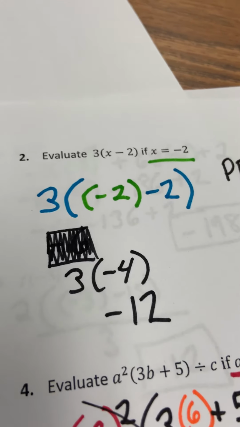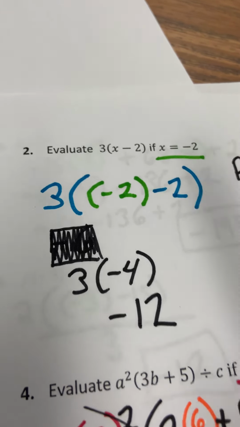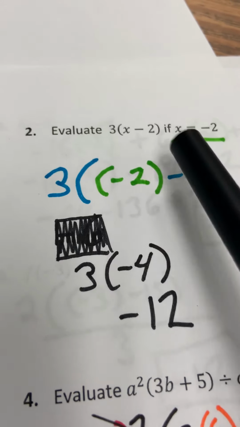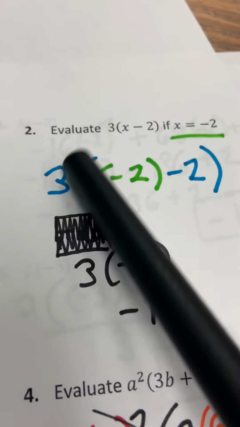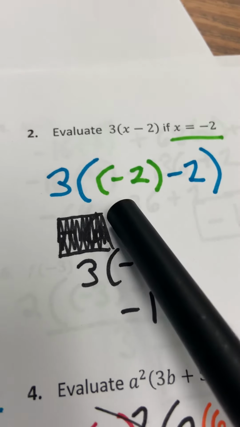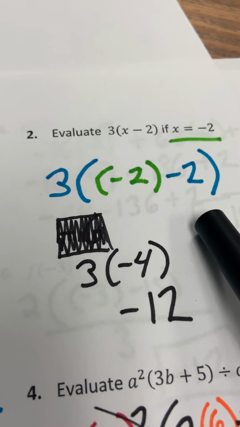I'm going to show you in the calculator, this is where parentheses are important. Even though it looks funny having double parentheses, it's still important. So I'm going to use 3, open parentheses, and then my parentheses for substitution, negative 2, and then my minus 2, and then close my parentheses.